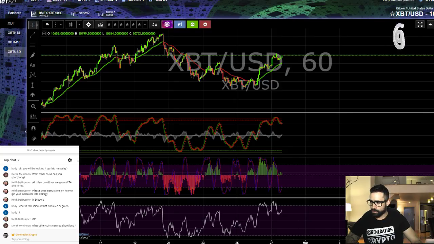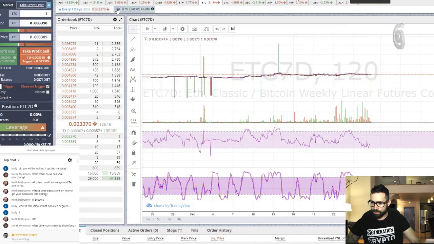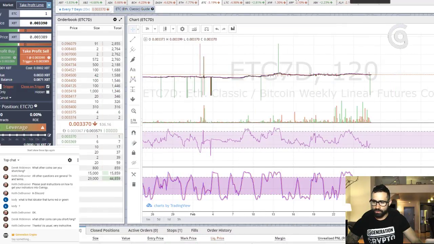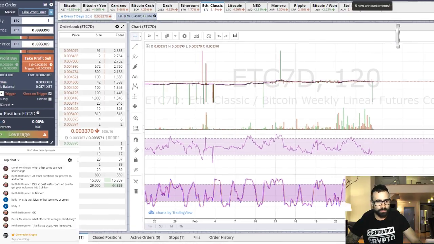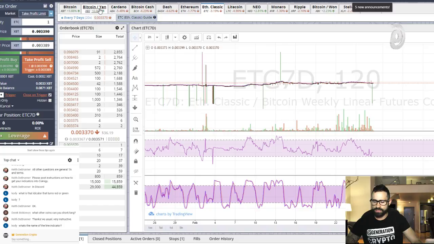What are other coins we can long and short? Well, let's go there. They've got Bitcoin on the yen. Right, this is actually, I think, just testnet. ADA, Bcash, Dash, Ether, Ether Classic, Litecoin, Neo, Monero, Ripple.